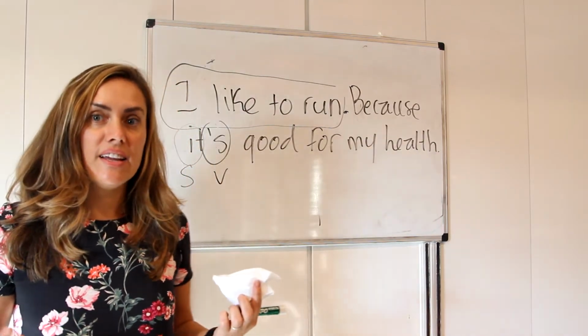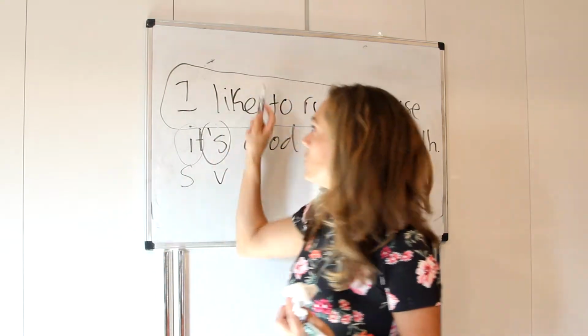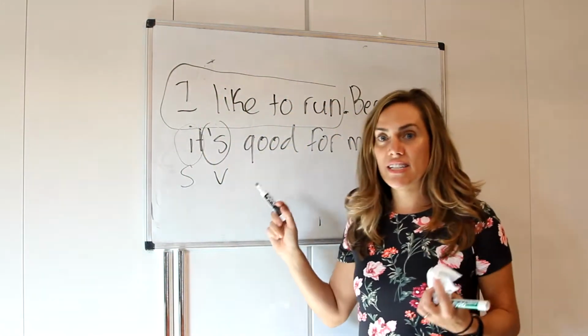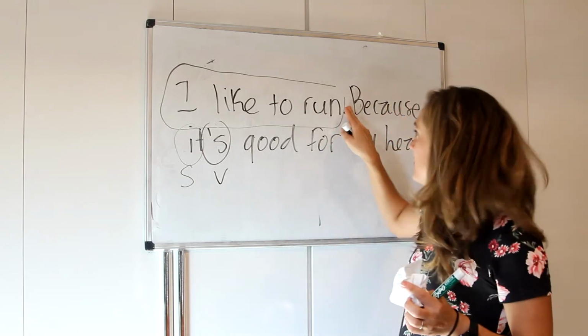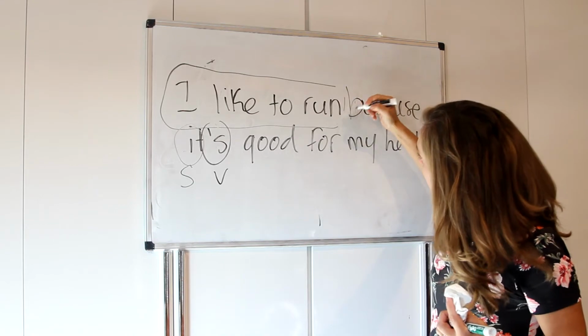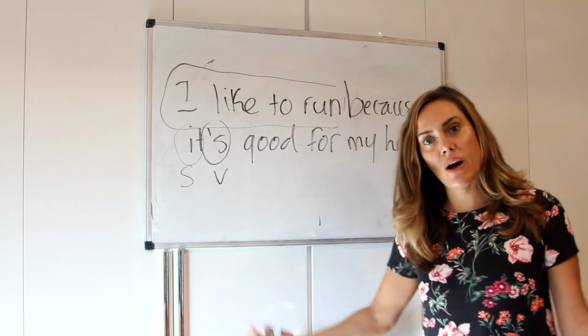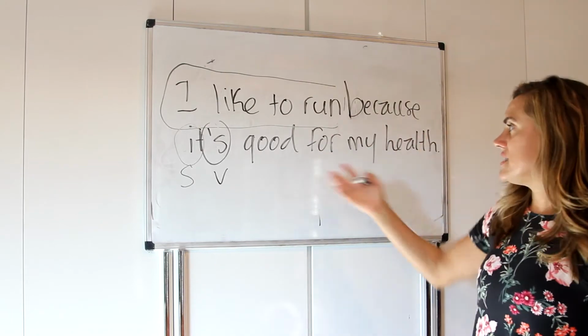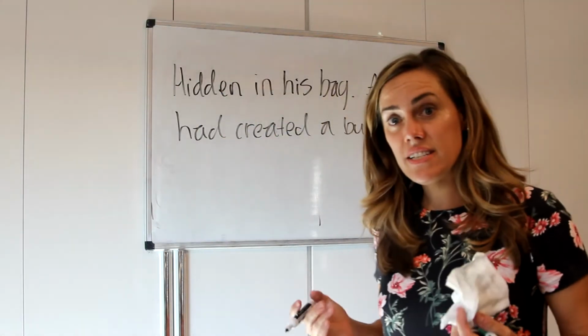What are you saying? It's a fragment, it's not complete. It sounds complete when you read it with this, but it's not complete because you have a period. So the simple, easy correction is just take away that period and combine this fragment to the sentence before it. And now we have, I like to run because it's good for my health. That's one.